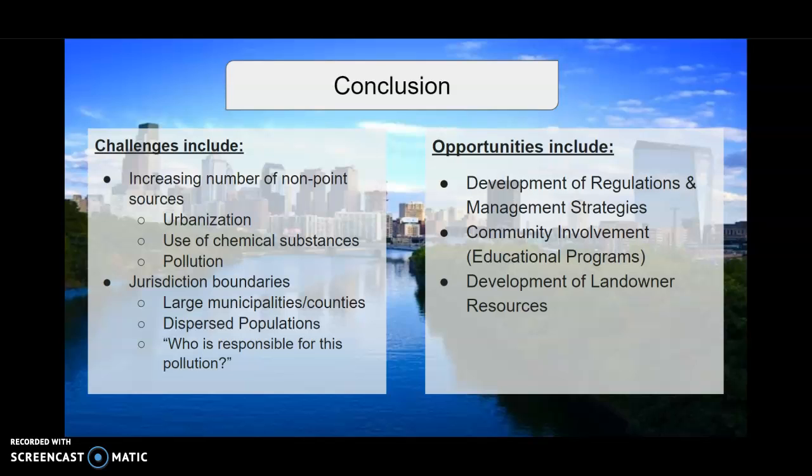Also, jurisdictional boundaries can pose issues as well, in the case of really determining whose responsibility it is to take care and address certain pollution or flooding issues as a result of urban runoff.